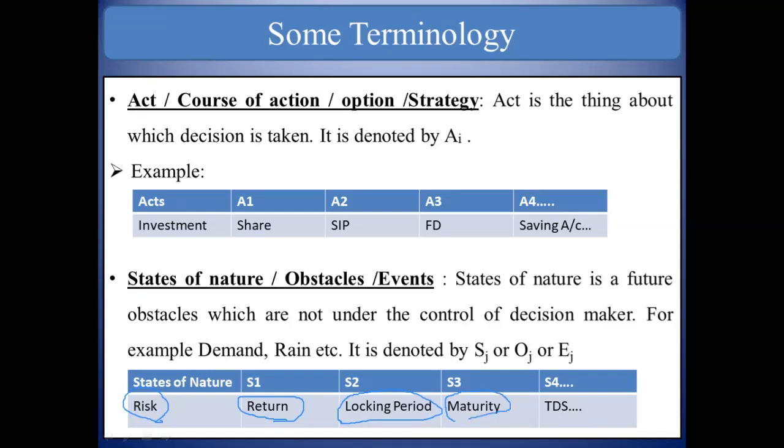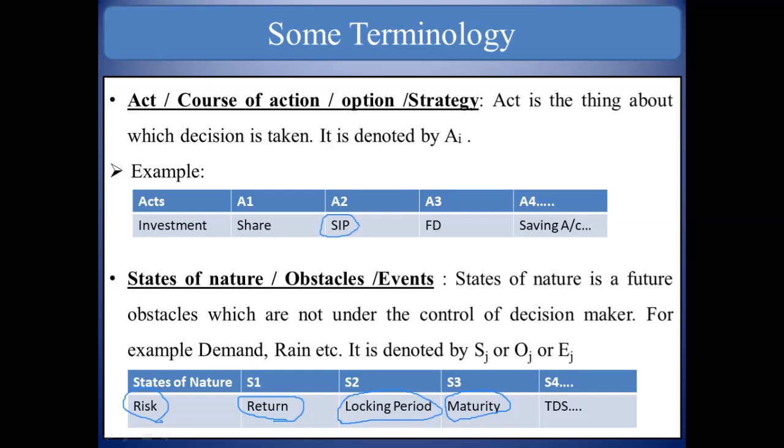Then maturity, suppose you want to invest in share market, then there is no maturity date, and it is not confirmed that you will get this much amount 100%, or you cannot get an idea from the SIP plan also. So again there is a risk, and it is known as states of nature.